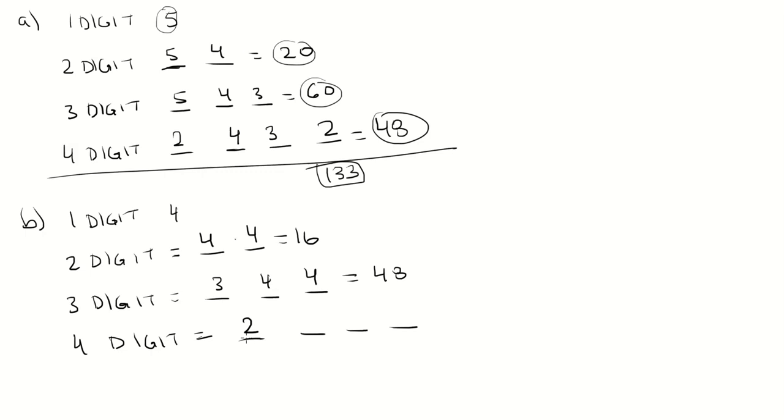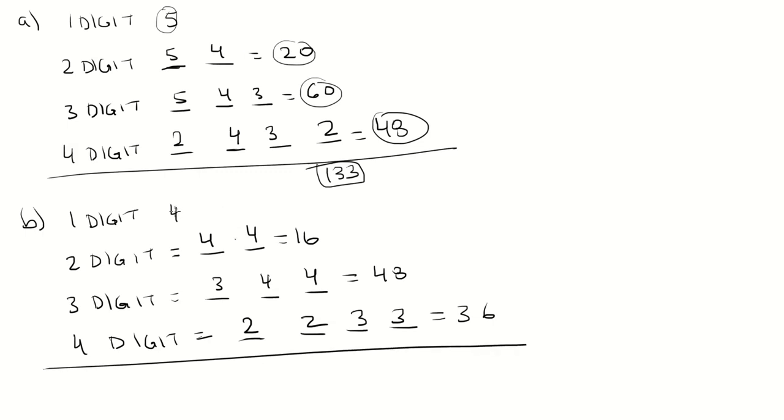One of them is going to go in the last place, so that leaves us with 3 in the first place. So now we selected 2 out of the 5 digits, so that means there's 3 left over, and then 2 left over. So we do 2 times 3 is 6, times 3 is 18, times 2 is 36. So if we add these up, 4 plus 16 plus 48 plus 36, we end up with 104.